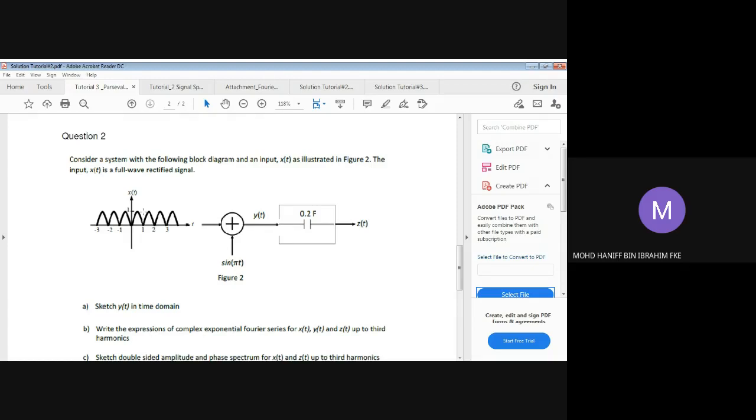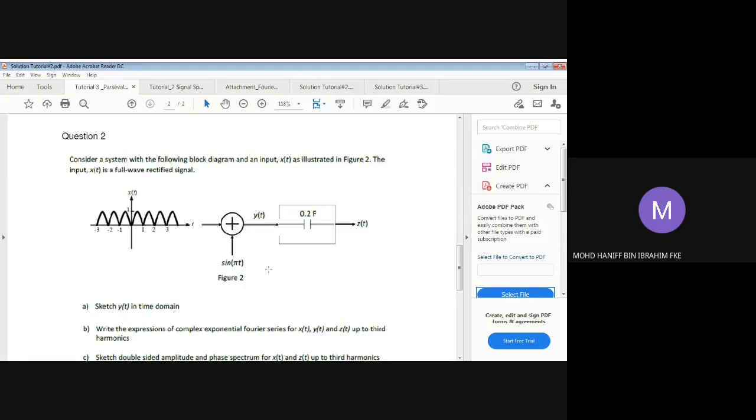Question 2a is to sketch y(t) in the time domain. You need to find y(t), which is the addition of x(t) and sine pi t. First, x(t) is given. Your task is to sketch sine pi t now.